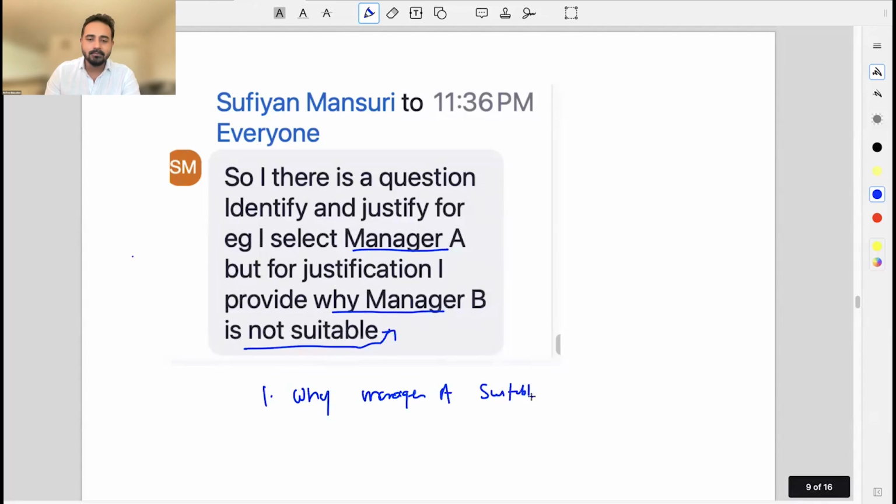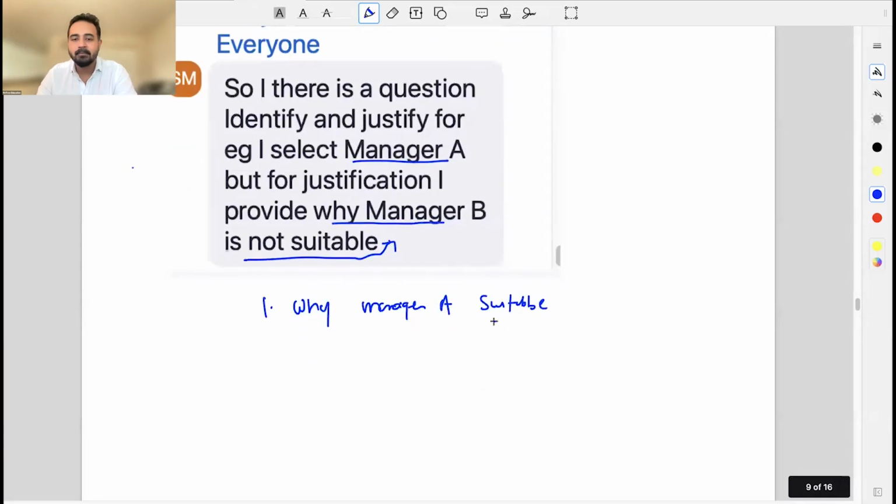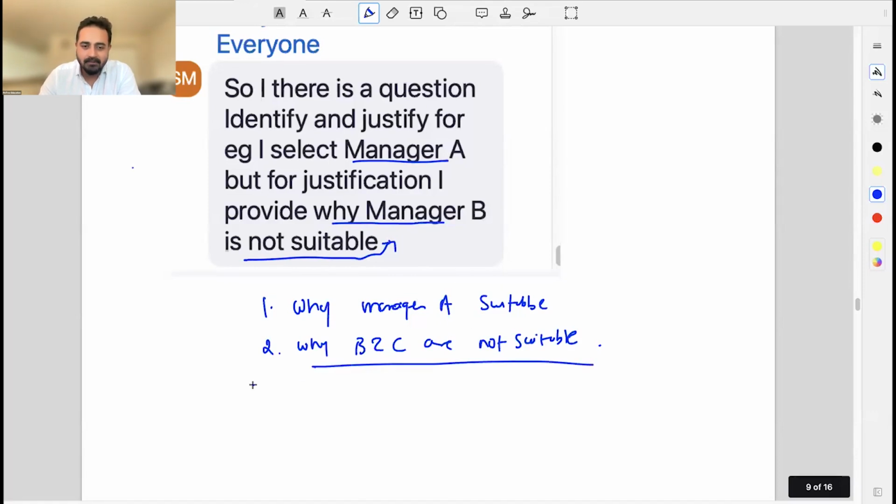If you can do that, then you're done. But typically, justify will have at least two reasons. So maybe a good quality answer would be why manager A is suitable and why B and C are not suitable. I think these would be your two pointers if you are being asked to justify with two reasons. If you're not able to find them, if only this information is available, that's also okay. But generally, I don't think that will happen, Sufyan.